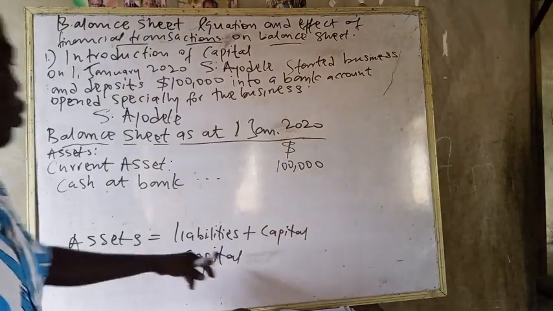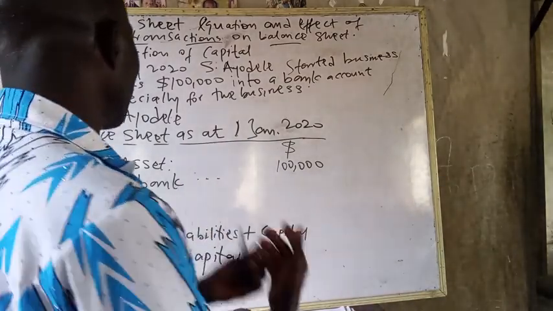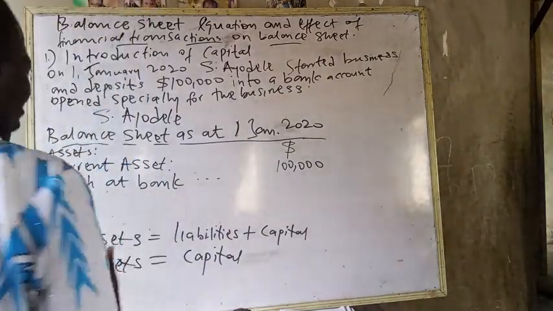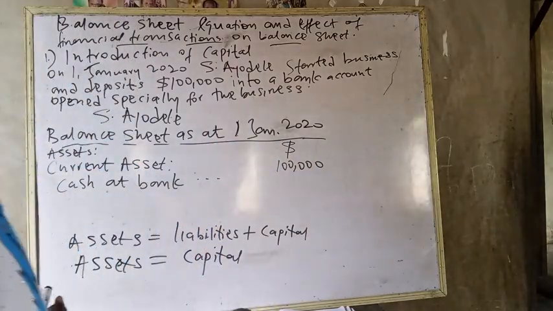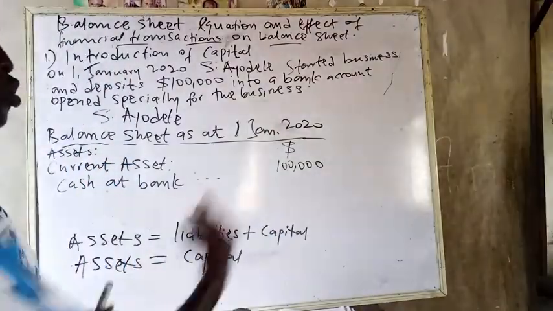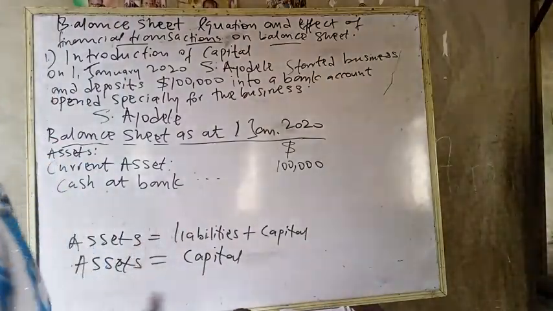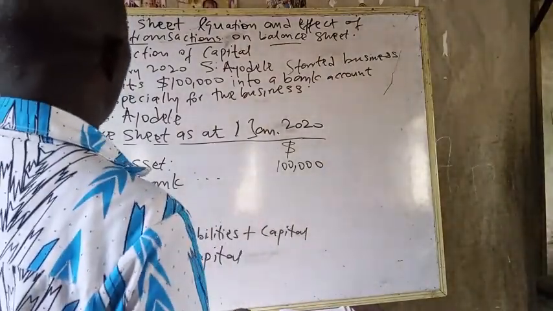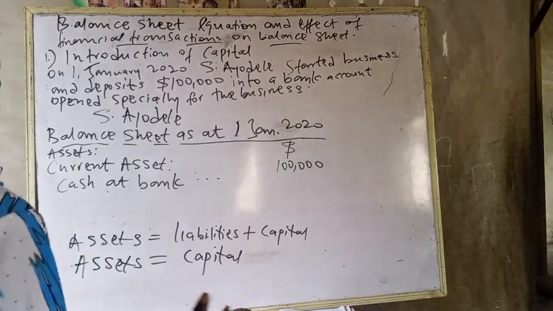You see, the asset is equal to capital, but when the business goes on and starts borrowing, like he cannot buy all the goods, he has the money to build or to buy a vehicle for the business, to rent a shop, but he doesn't have money to buy goods he needs for the day-to-day transaction of the business.